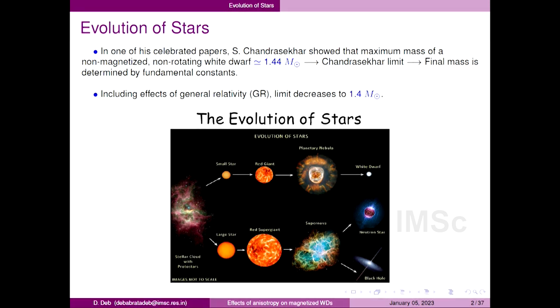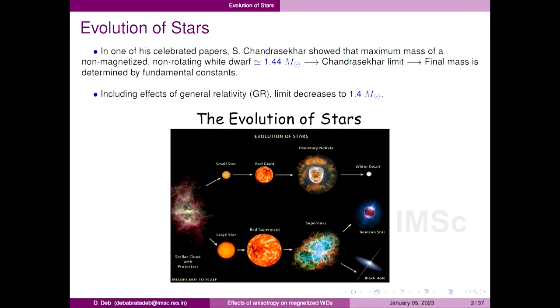Then what happens when the fusion of the hydrogen tends to end is that the star expands into a red giant. When it reaches the red giant phase, helium fusion happens to produce oxygen and carbon, but the mass of the red giant is not enough to provide the temperature at the core to again fuse the carbon and oxygen for fuel for the star.